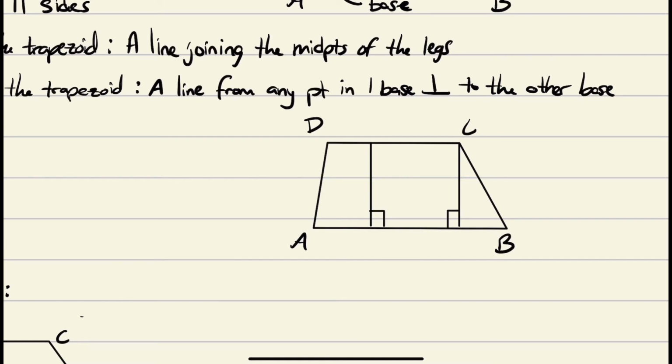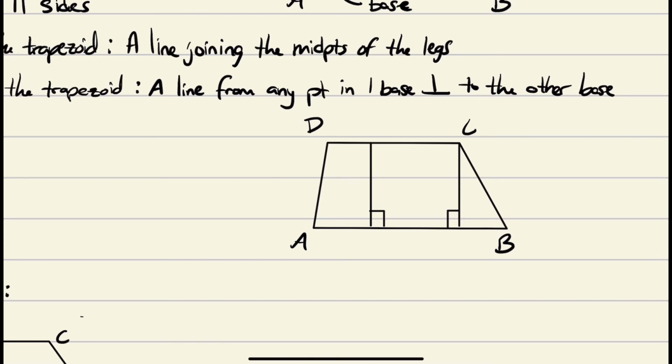We've learned that since these are parallel, we would have the same distance everywhere between two parallel lines. So these would be the same distance, which is why many people might say the altitude of a trapezoid could come from any point in one base perpendicular to the other, but typically you will see that they come from a vertex.